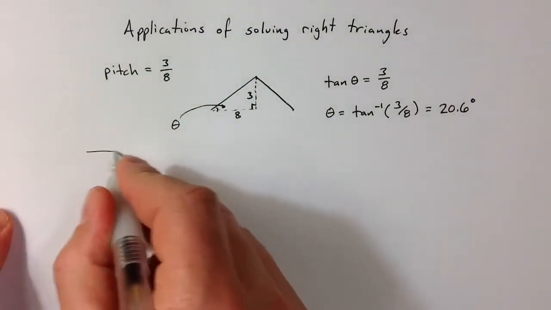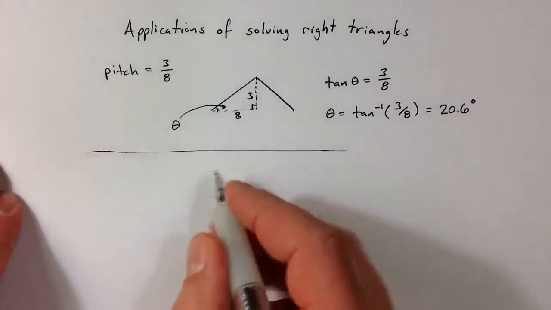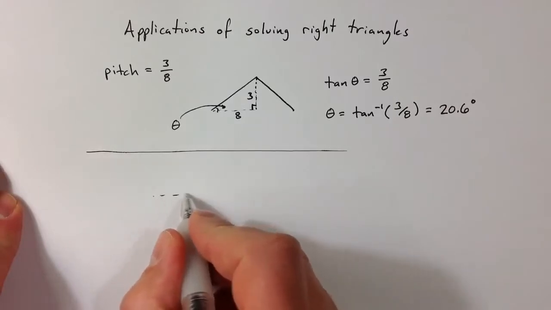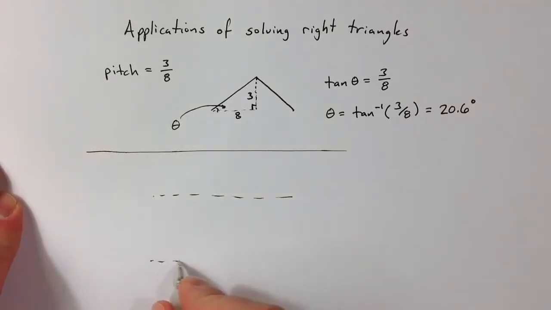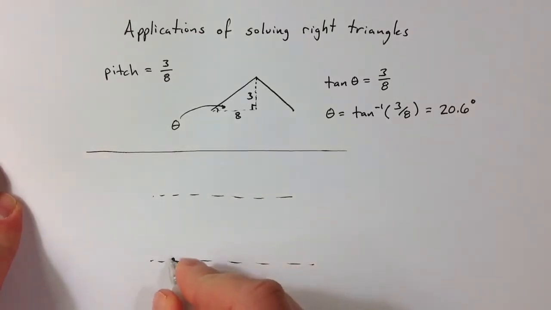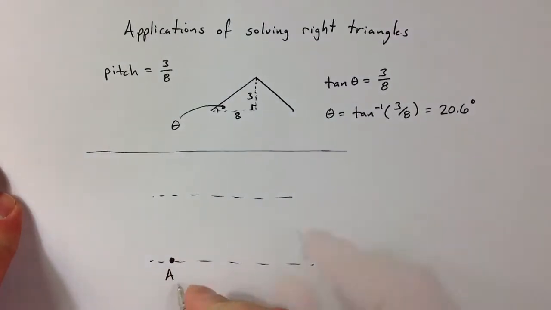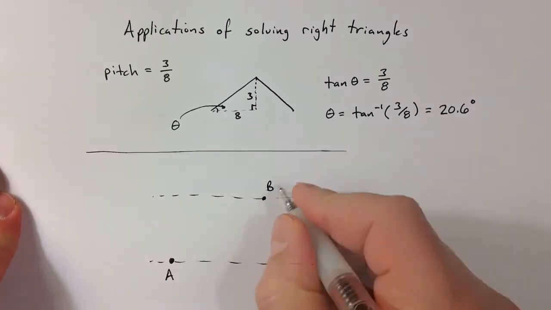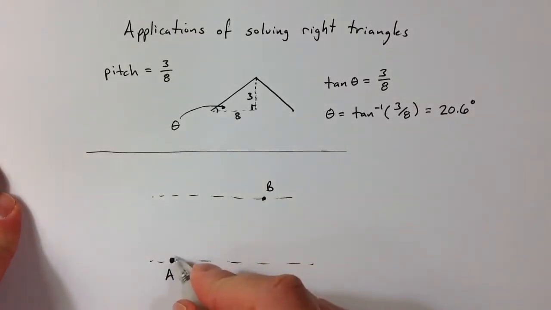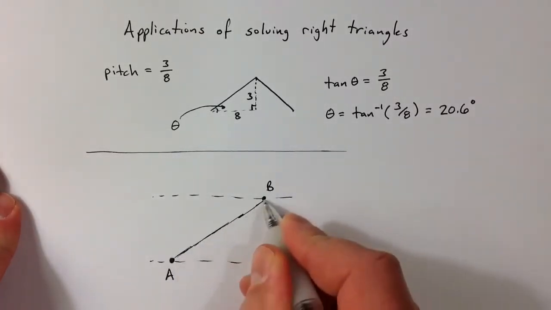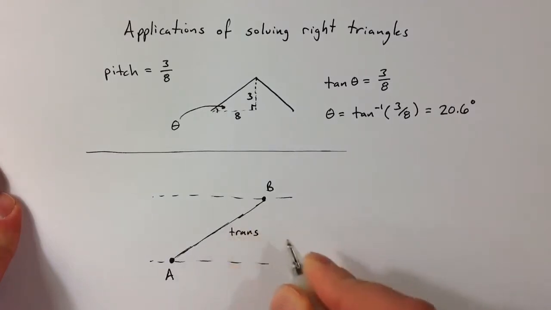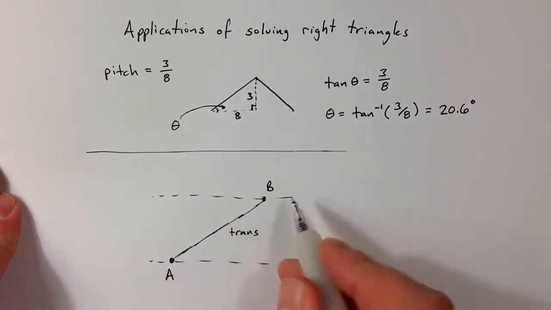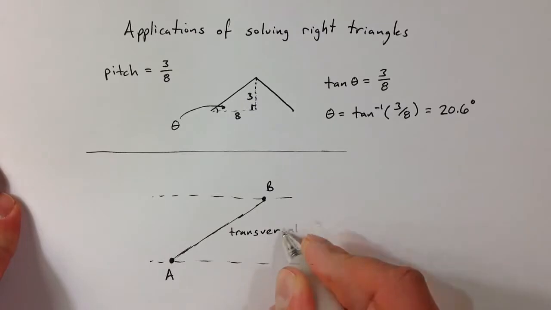Another situation that's pretty important is that let's say you have two horizontal planes. Perhaps down here at point A there's an observer, and at point B there's a hot air balloon. Then the line that goes between them is sometimes called a transversal, because it cuts across the parallel lines.